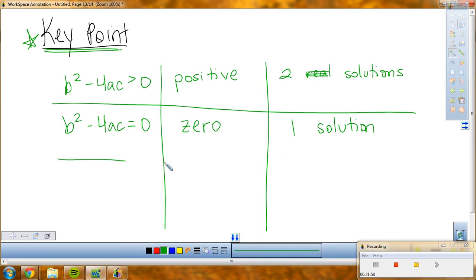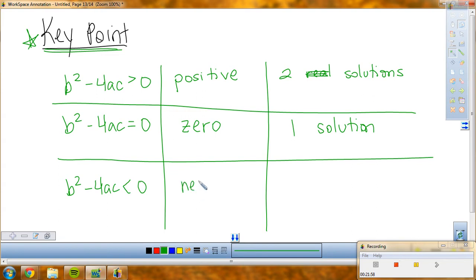And the last example is if we have b squared minus 4ac and it's less than 0, which means it is a negative number, then we have no real solutions.